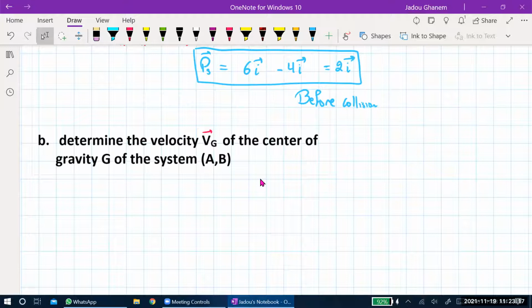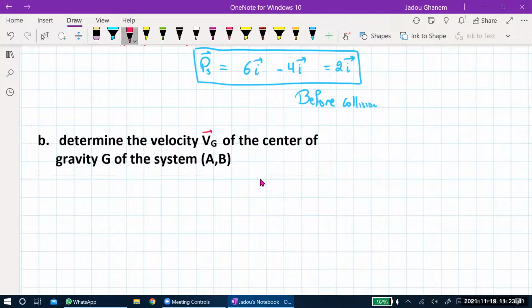Once they ask us about the velocity Vg of the center of gravity, we can just take into consideration a similar exercise to the man and the boat. So here we must assume that these two particles are one system object. So we don't write MA alone and MB alone and VA alone and VB alone. No, we just write the sum of the masses.